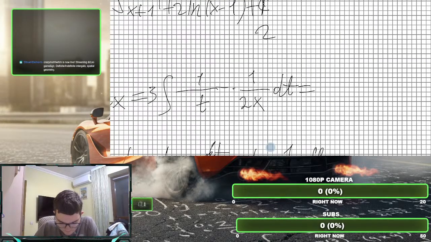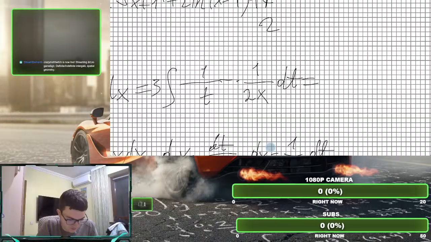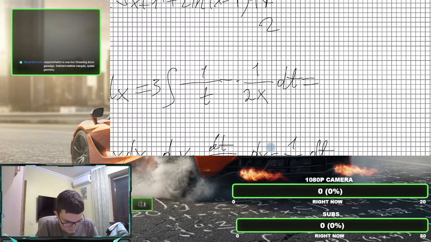So I will have 2t 2x. Maybe the process is wrong. Should have been easier to simplify. Hold up. Should be having this thing here. 3 plus.